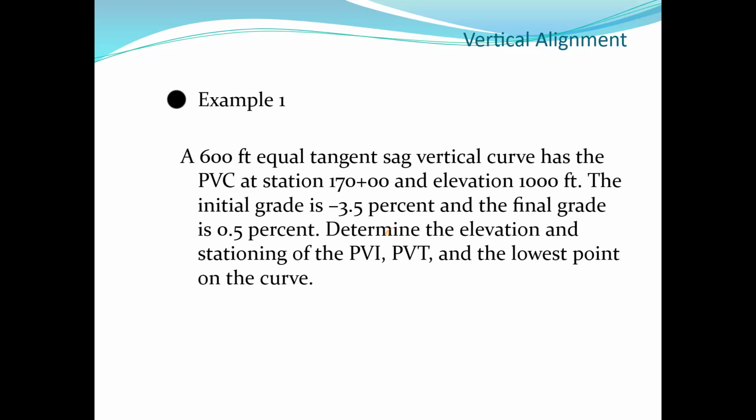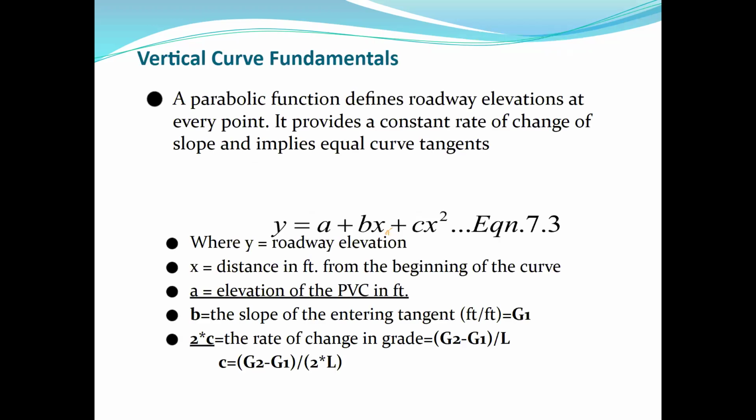If you look at the units I provided before, B is the slope of the entering tangent, but I want to measure it in feet per feet, not as a percentage. So my B value will be equal to negative 3.5 over 100. I know B as well, and I should enter it as negative 3.5 over 100.